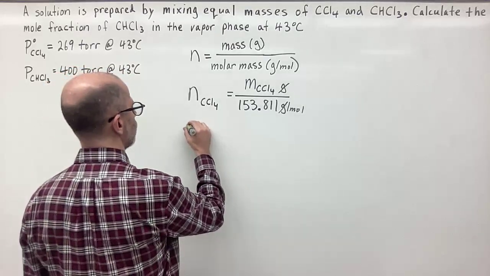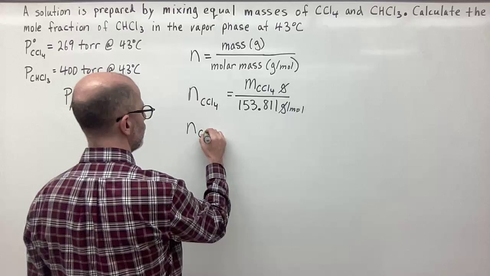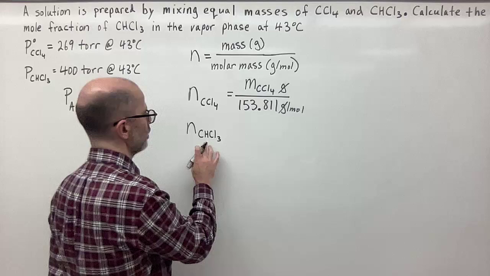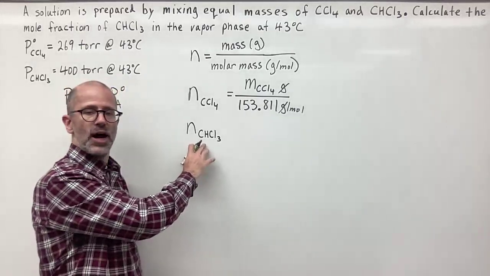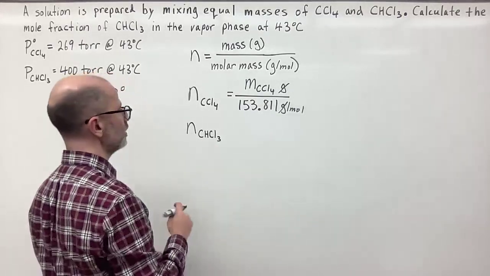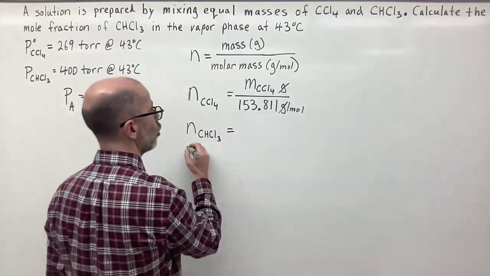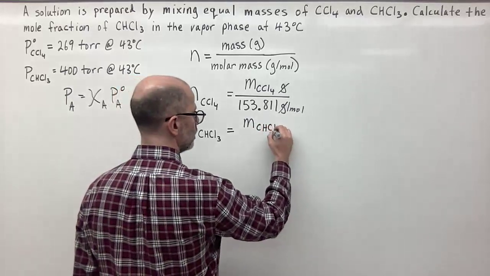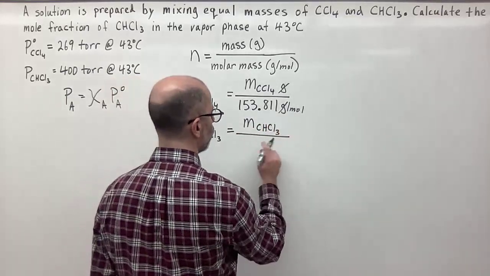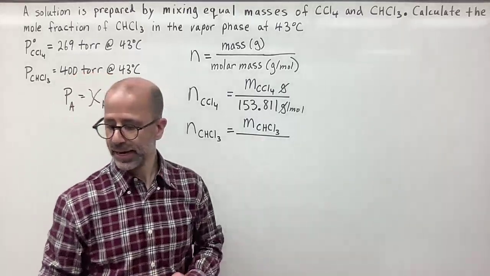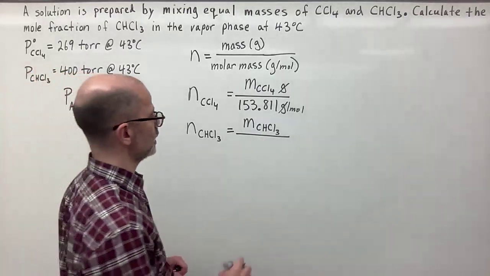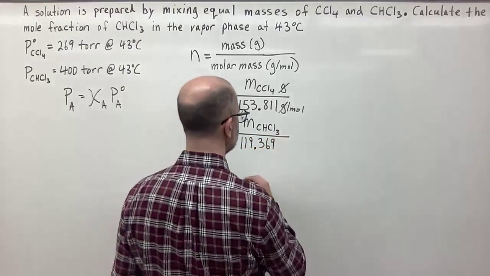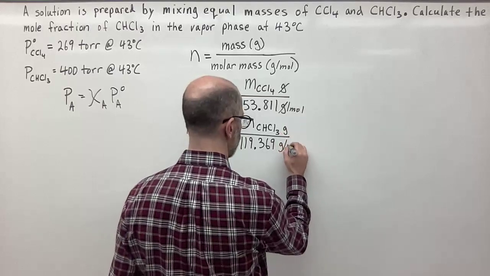Now, if we do the same thing with the other one, the moles of CHCl3, which, if I remember correctly, is called trichloromethane, is equal to the mass of the trichloromethane, CHCl3, over the molar mass of CHCl3, which is 119.369 grams per mole.